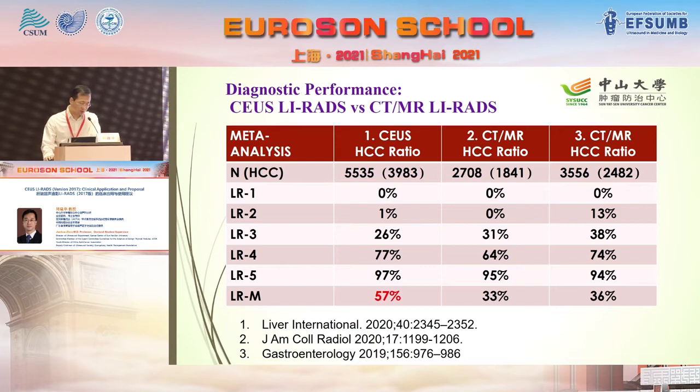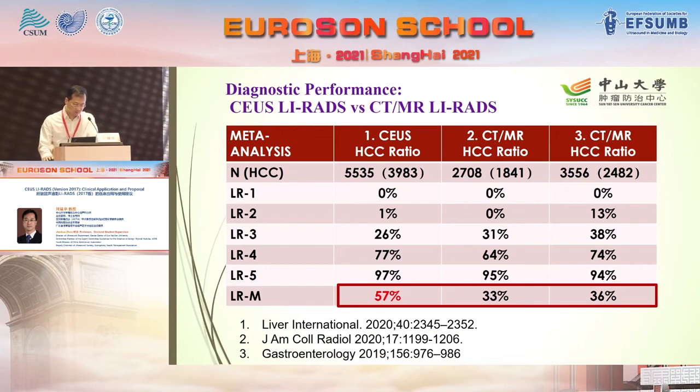While for LR4 and LR5, the proportion of HCC is similar between CEUS and CT/MRI LI-RADS. So we think maybe the criteria of LR-M may be revised to reduce the proportion of HCC in LR-M and improve the CEUS diagnosis performance.